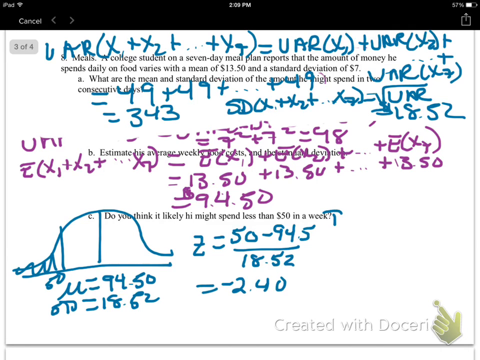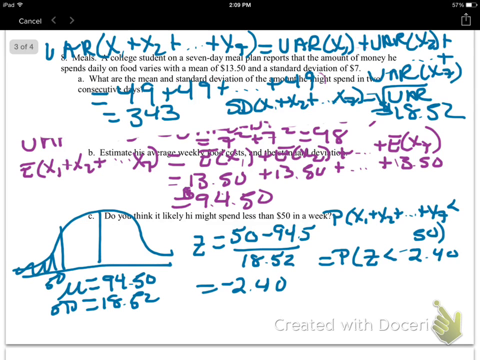So the probability of X1 plus X2 plus dot dot dot plus X7 being less than 50 is equal to the probability that z is less than negative 2.40. Okay, so I'm going to go to my z-score chart, and I get 0.0081.